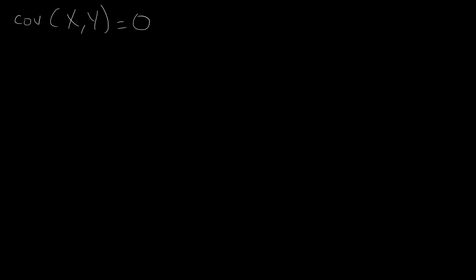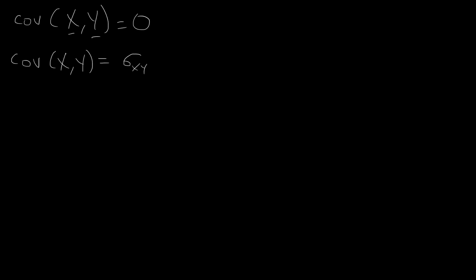So we know that the covariance of two random variables x and y is defined to be the expected value of the product of their deviations from their population means. So I know that sounds a bit scary, but once we write the definition, it becomes quite easy.